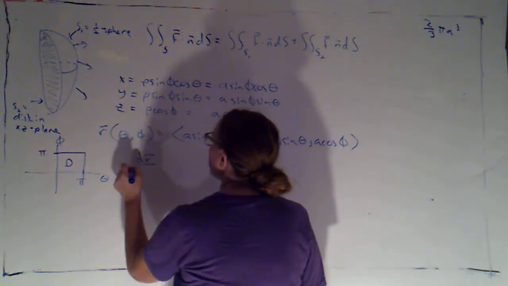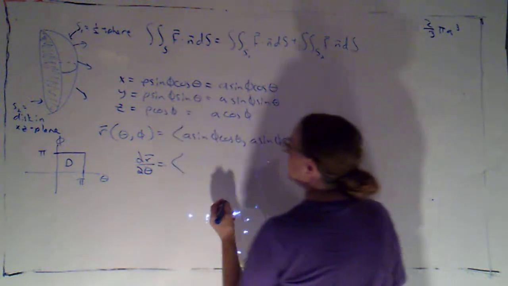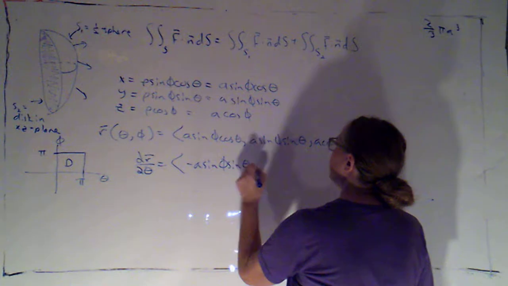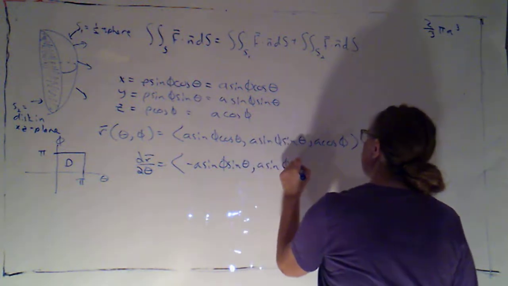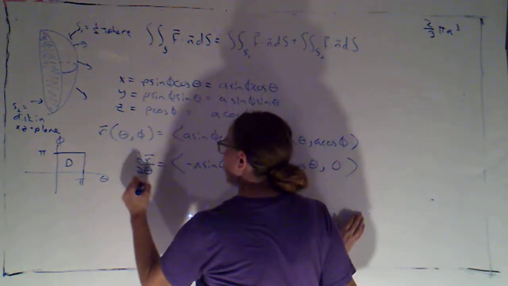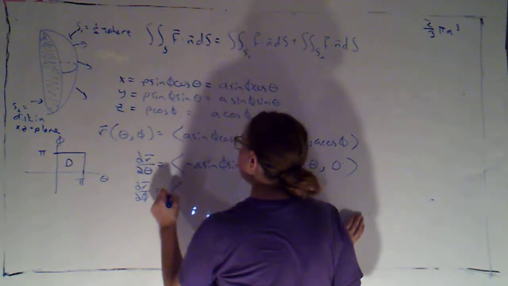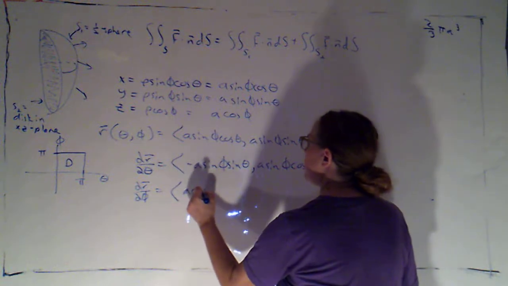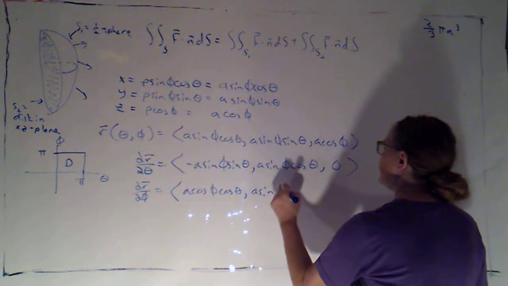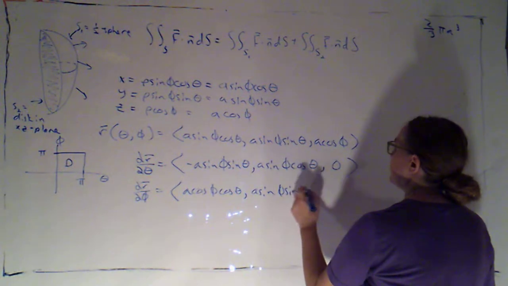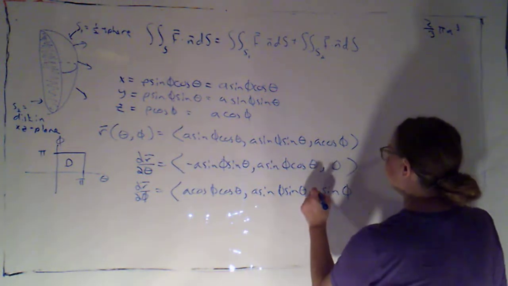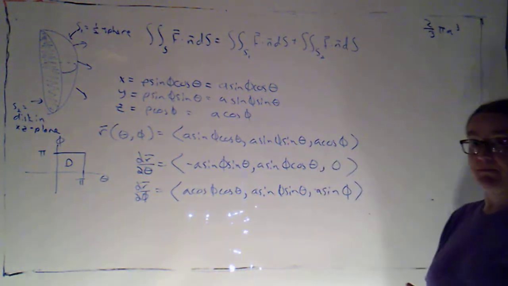All right, so del r del theta is going to be negative A sine phi sine theta, A sine phi cosine theta, 0. Del r del phi is going to be A cosine phi cosine theta, A cosine phi sine theta, negative A sine phi.